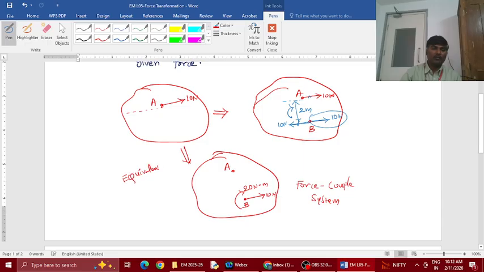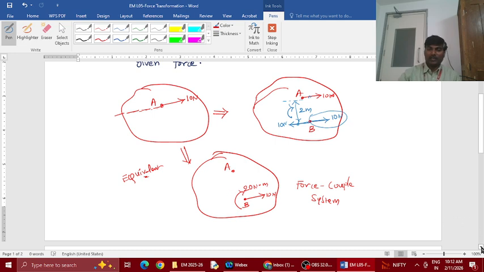So this is what is called force transformation. Force transformation is to transform a force into a force couple system at a point which is not on the line of action of the given force.